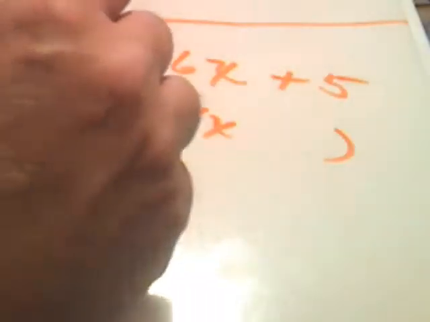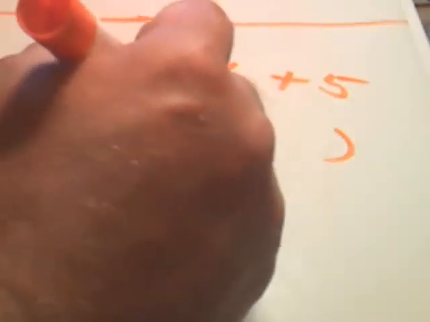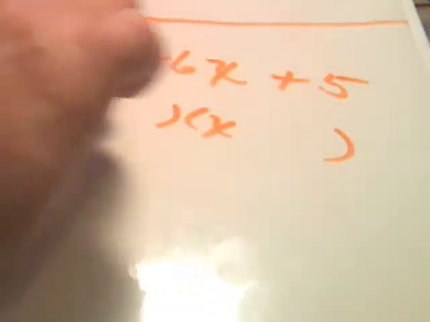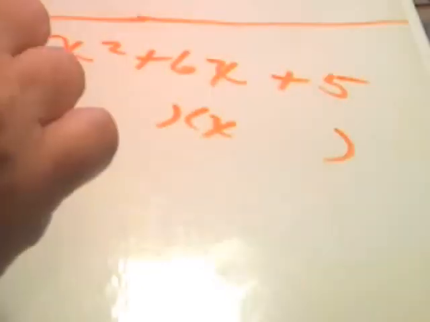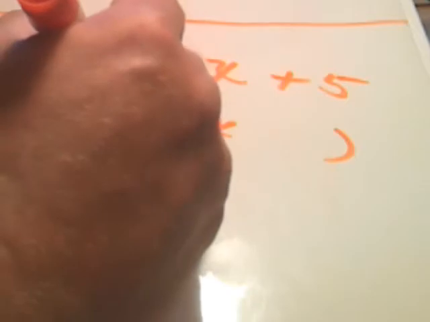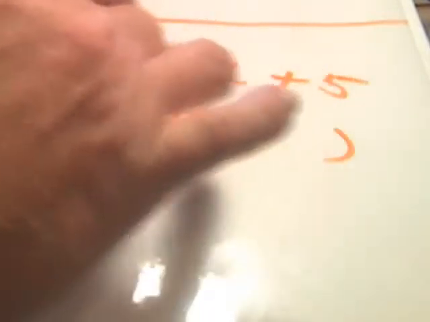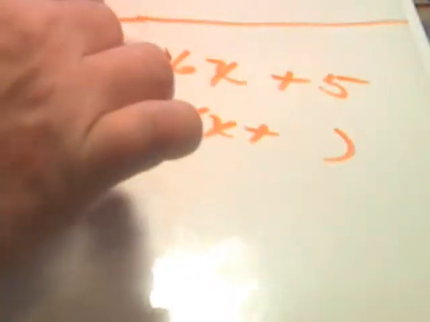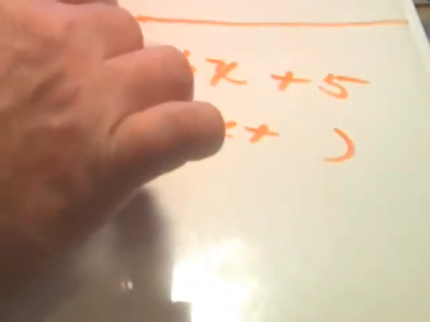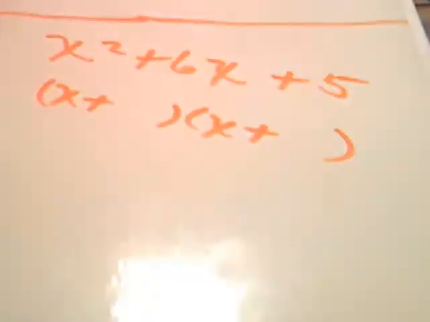To get our x squared, it's just simply x times x, which will give us x squared. Now, both of our other terms are positive, so that means both of these are going to be positive. Now, what do we have that could add up to be 6 and multiply to be 5?